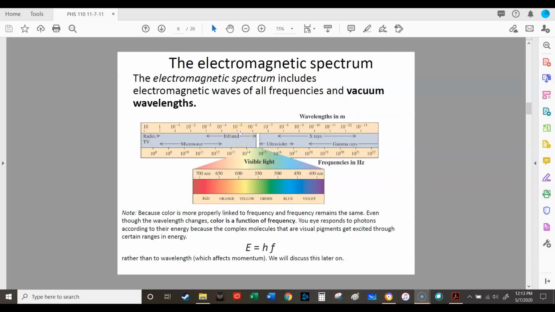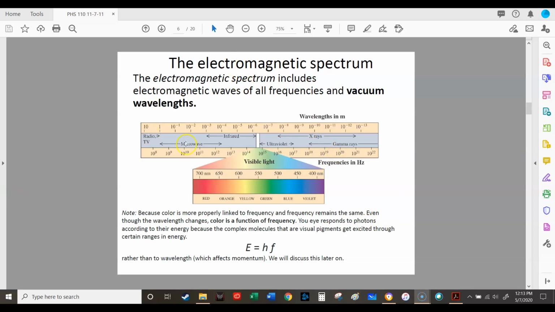So when we talk about light, what we have to talk about is the electromagnetic spectrum of light. And what we have here is a really good guide to the entire spectrum of light. Okay, and this is in terms of vacuum wavelengths. When I'm talking about vacuum wavelengths, what I mean is that wavelengths actually change depending on the medium that you're in.